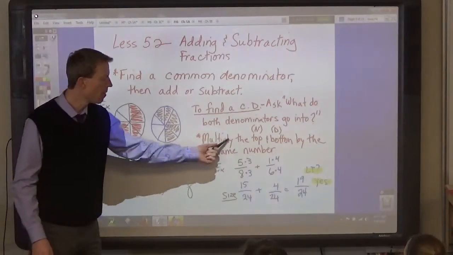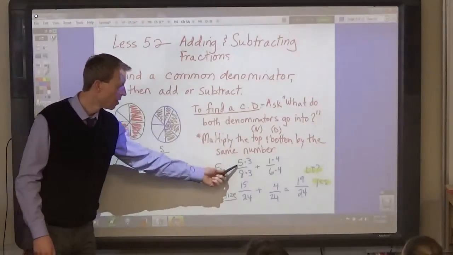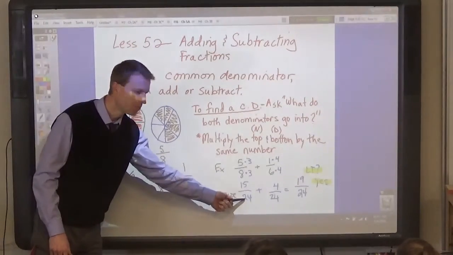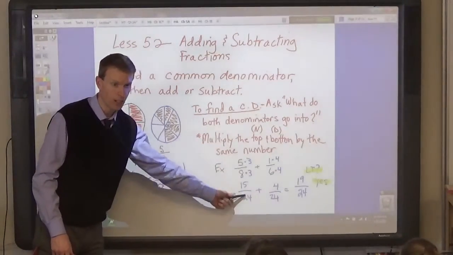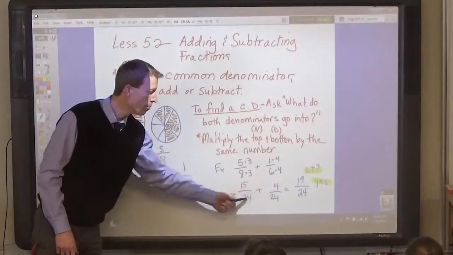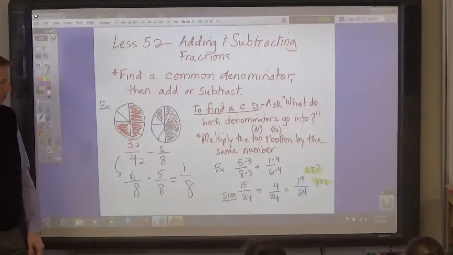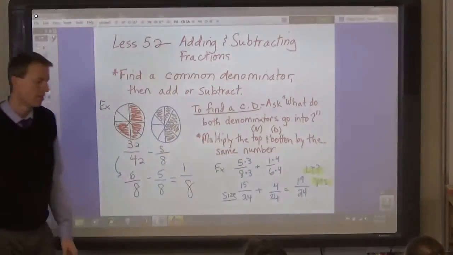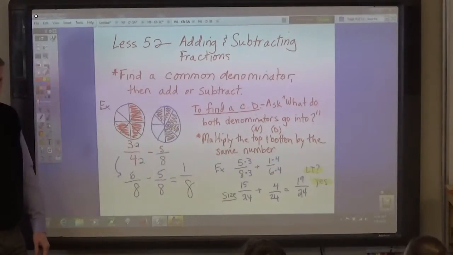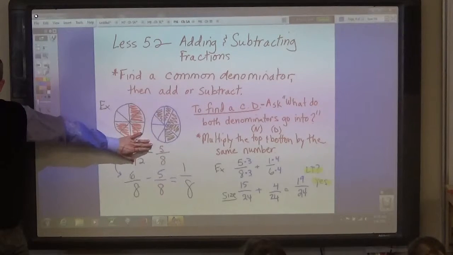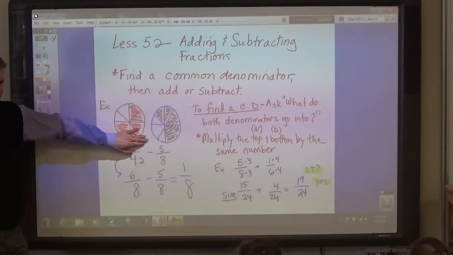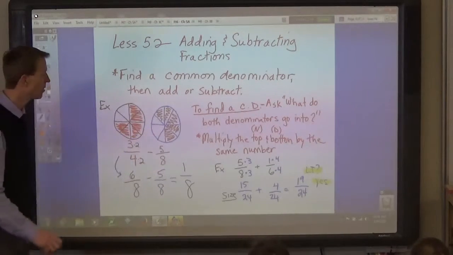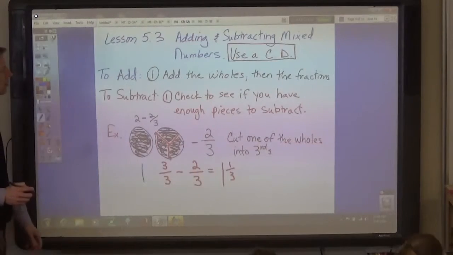Multiply the top and the bottom by the same number to convert the fraction to an equal fraction, but with a common denominator as the other fraction. Then you have to convert it to lowest terms. Remember what to do there? Remember when you learned this? If not, go back to your notes and review the video on lesson 2.